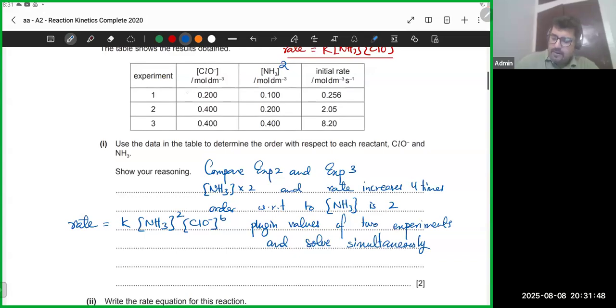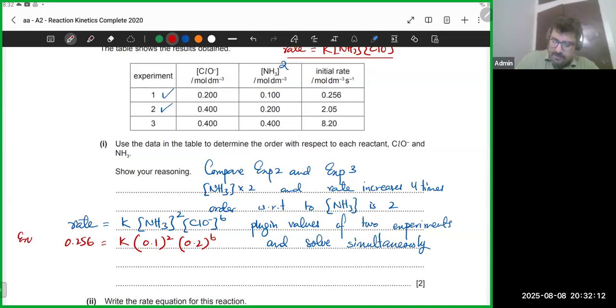So experiment number 1 and 2's values, I'm just going to plug them in this rate equation. First one, the rate is 0.256. I don't know what the constant is. In the first experiment, ammonia's concentration is 0.1, and that's squared because I know what the order is. ClO⁻ is 0.2, and that's to the power B. So that's the first experiment.